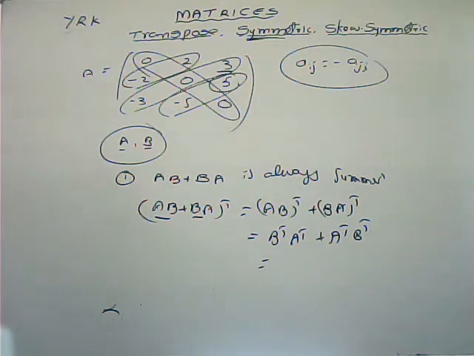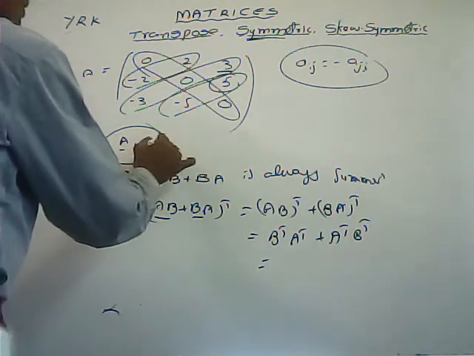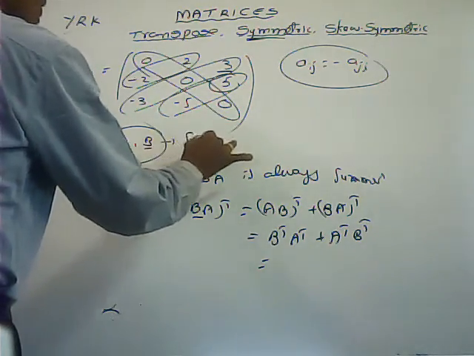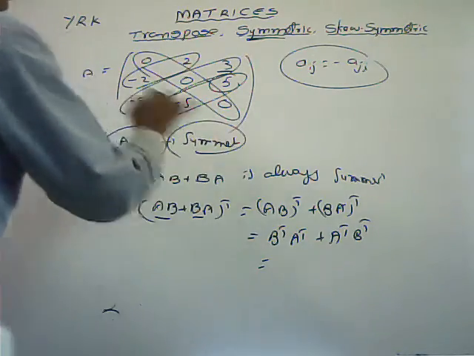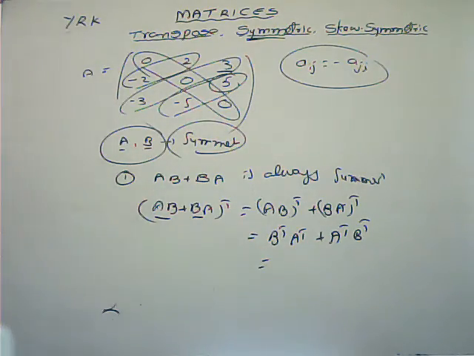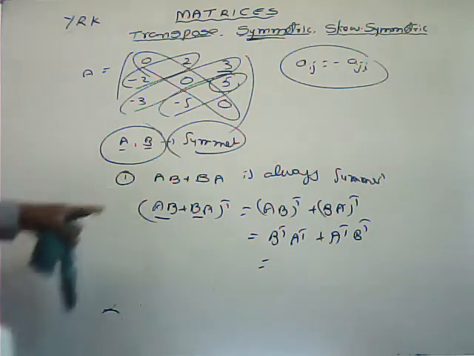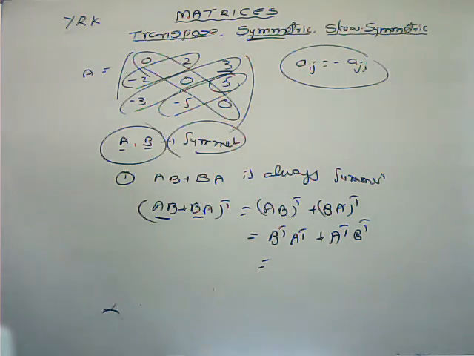And here what is given, A comma B are two square matrices and symmetric matrices. Then AB plus BA is always symmetric.